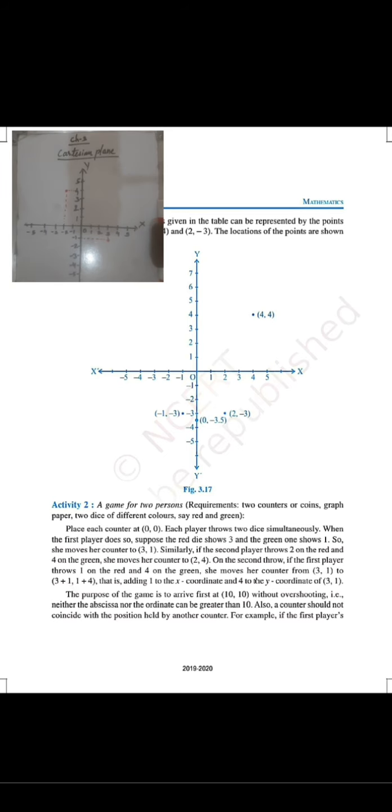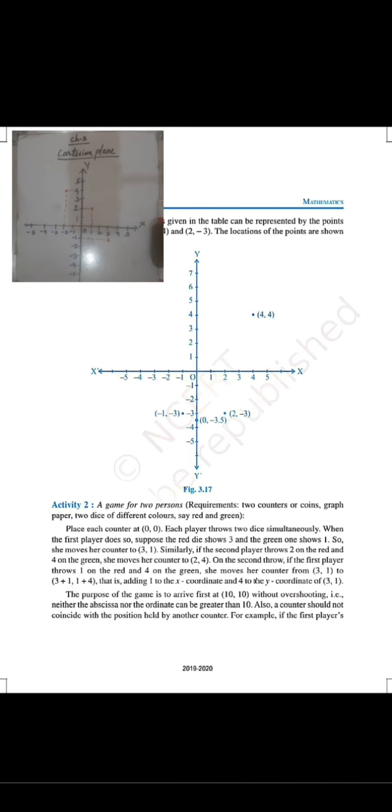The next coordinate is (-1, 0). x equal to -1 is in the negative direction, that is here, and y equal to 0 means no vertical movement, so the point is here. The next point is (1, 2). x equal to 1 is here and y equal to 2 is here, so the point will be here.